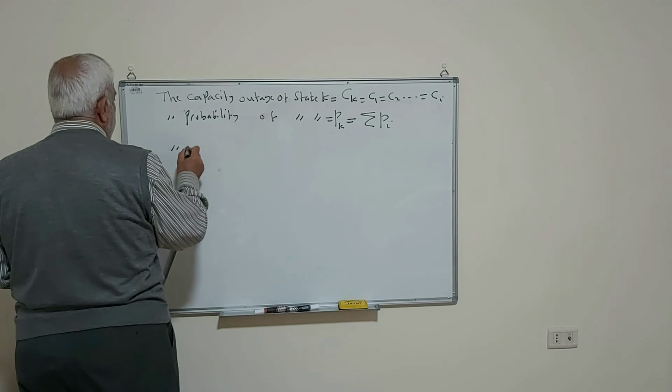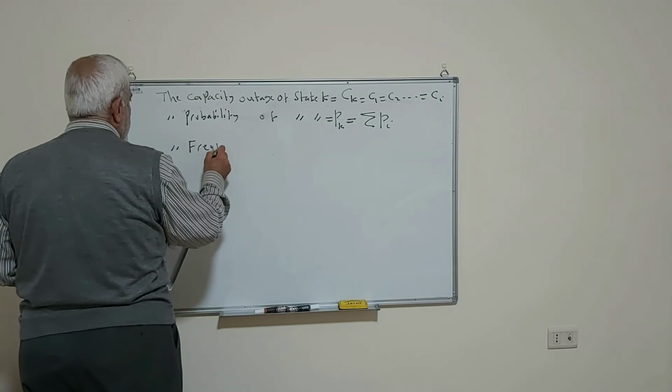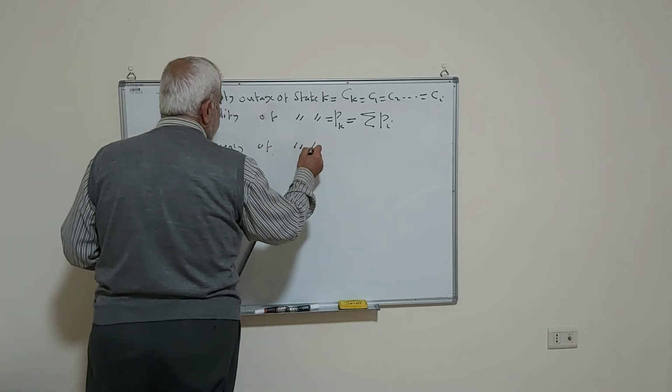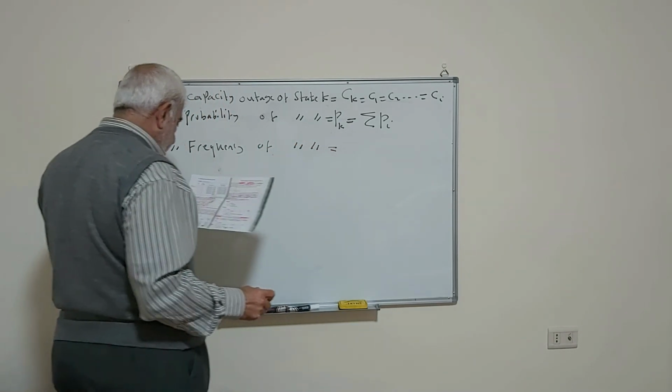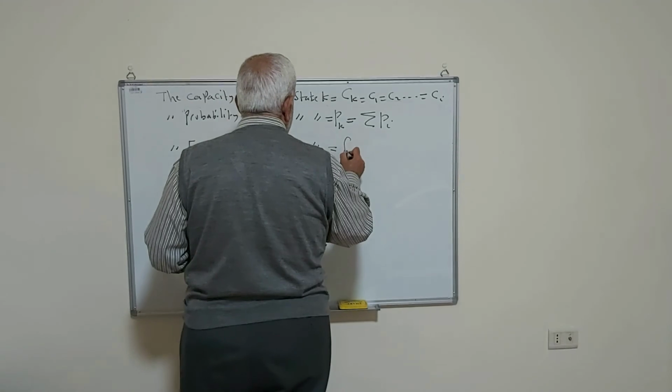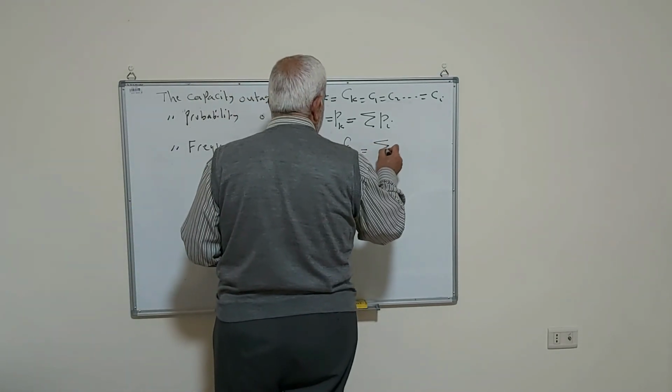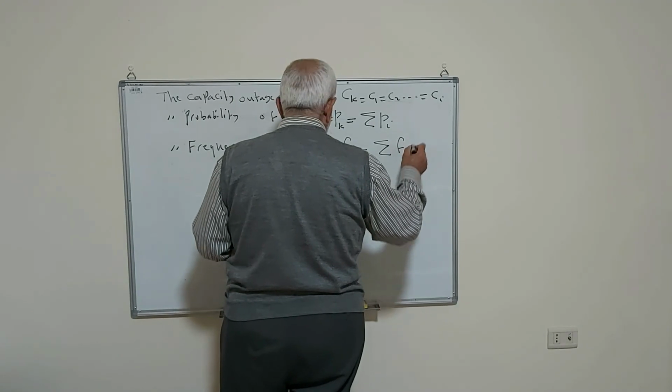And the frequency of state K is equal to Fk, which is equal to the sum of Fi.